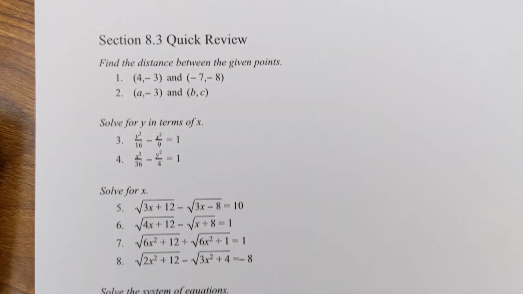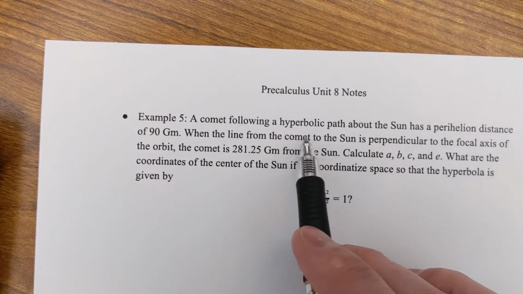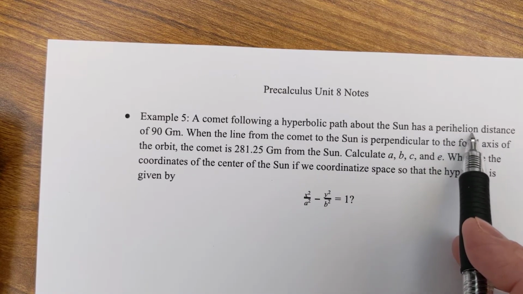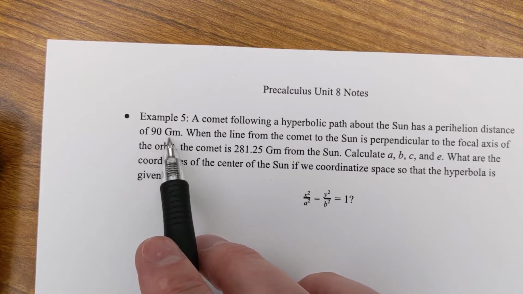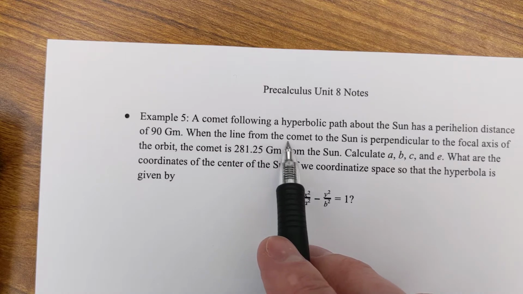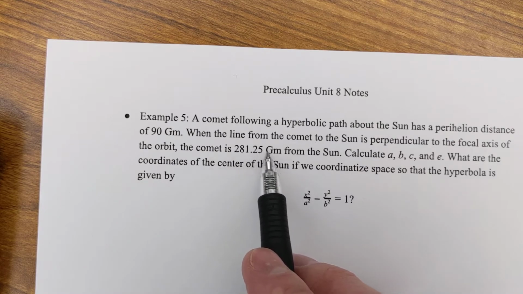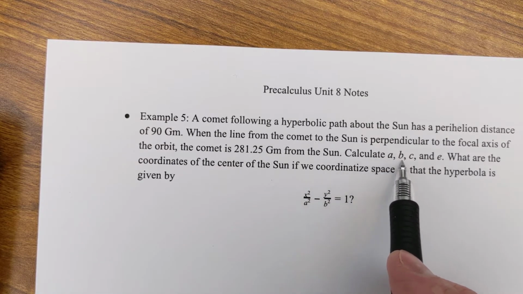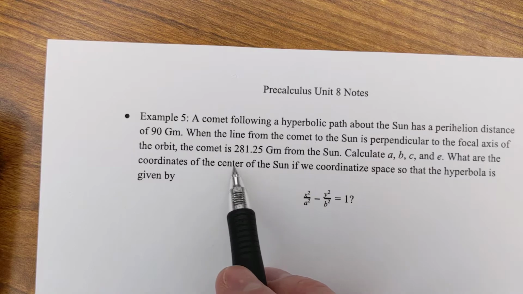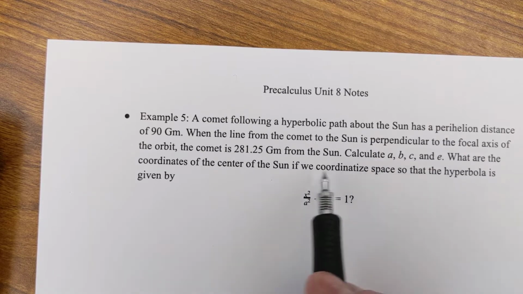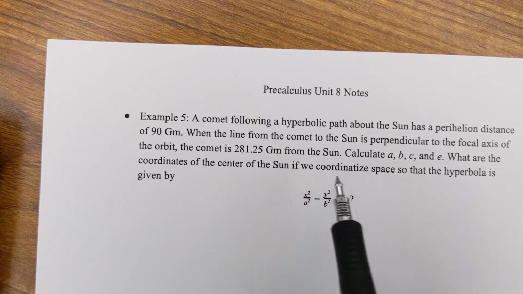Okay, so example 5. A comet following a hyperbolic path around the sun has a perihelion distance of 90 gigameters. When the line from the comet to the sun is perpendicular to the focal axis of the orbit, the comet is a given distance from the sun. Calculate a, b, c, and e. What are the coordinates of the center? If we coordinatize the space, the hyperbola is given by this equation.